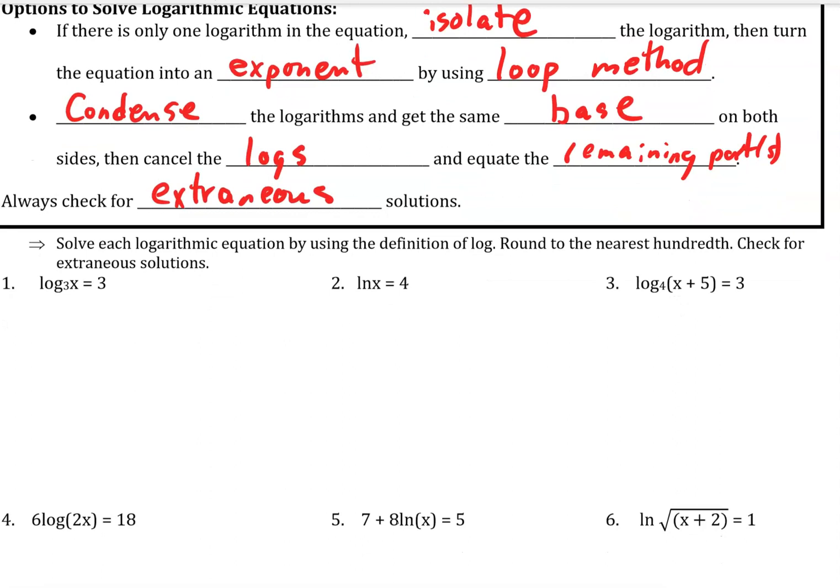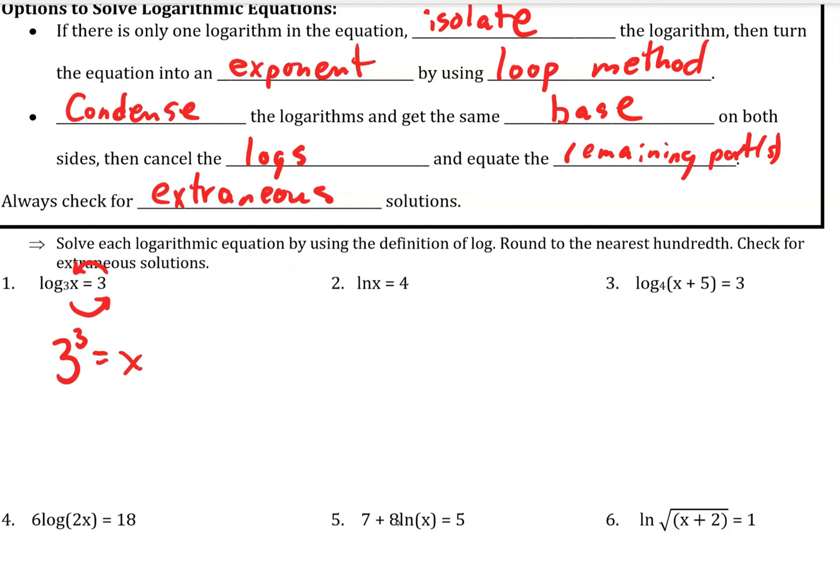So first, log base 3 of x equals 3. So the loop method gives us that 3 to the 3rd power equals x.